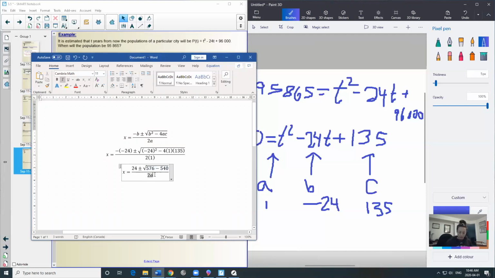And just 2 at the bottom. Let's copy this down and simplify even further. There's my 24, my plus or minus. Now 576 minus 540 works out nicely. We get 36 under there, and the square root of 36 is 6, all over 2.